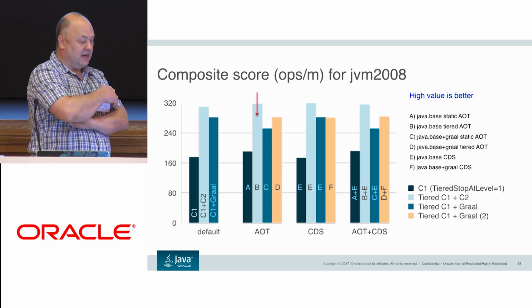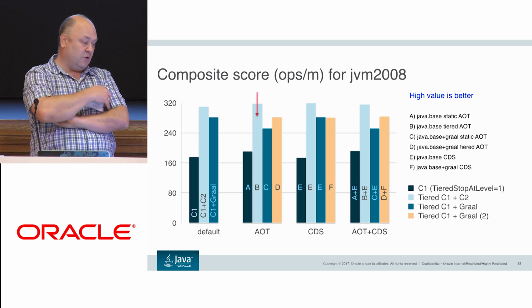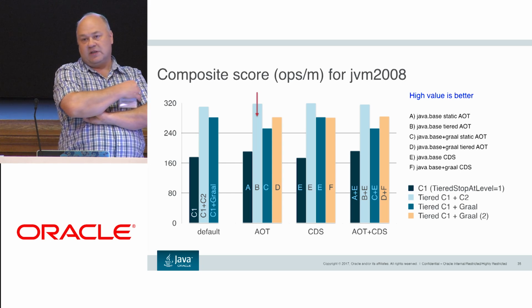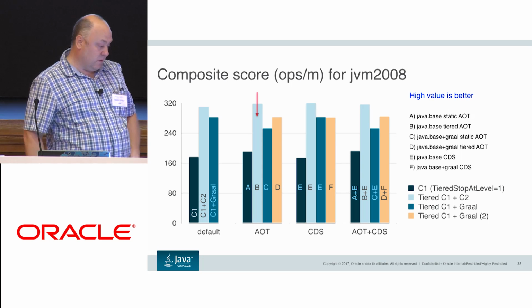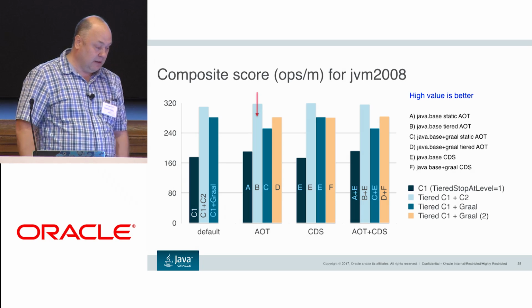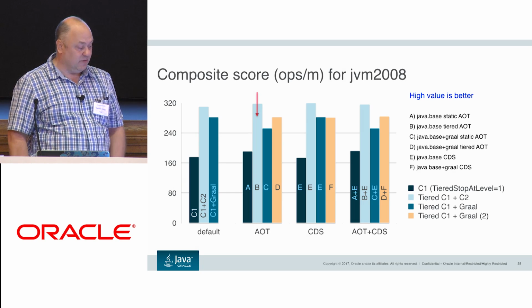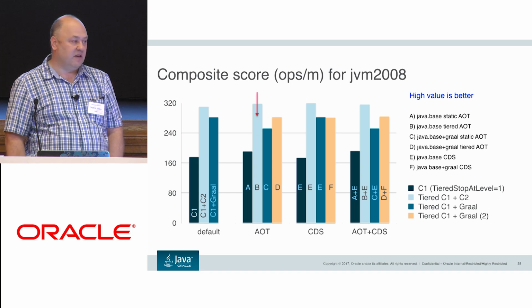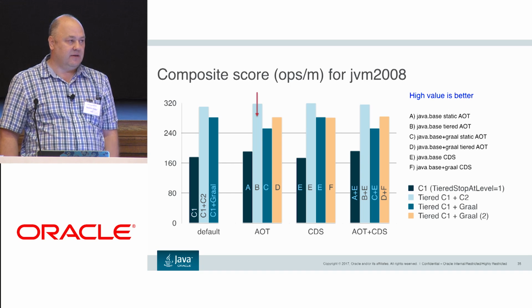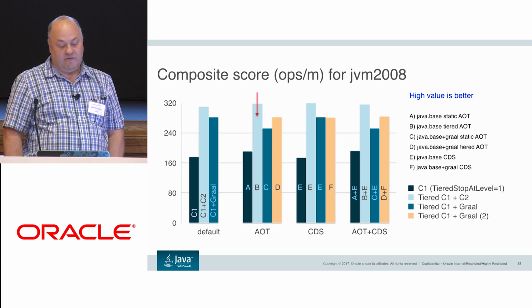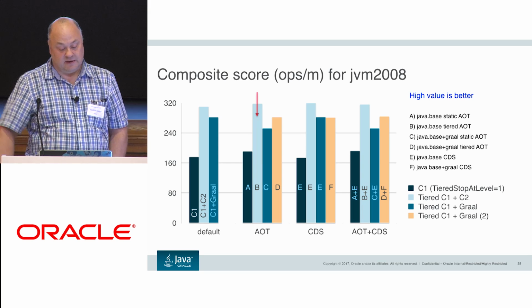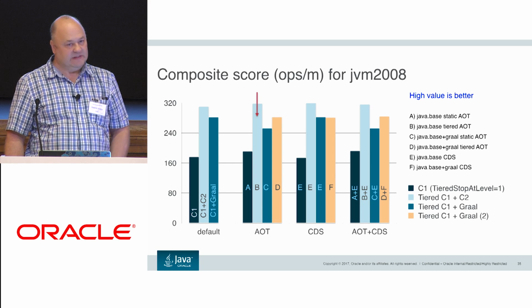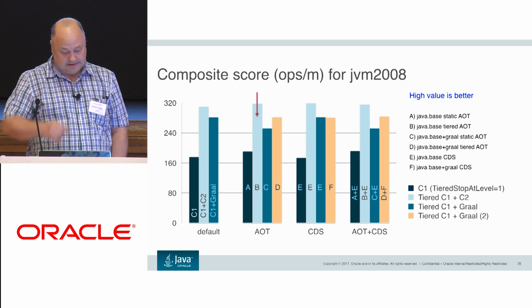And as you can see, it does not regress peak performance, or you even get slightly better peak performance than the default case. Also, tiered AOT plus Graal performance is about 10% worse than C1 plus C2, which is expected. It gives better results in some benchmarks, such as XML transform, but there are some worse results in some small sub-benchmarks.